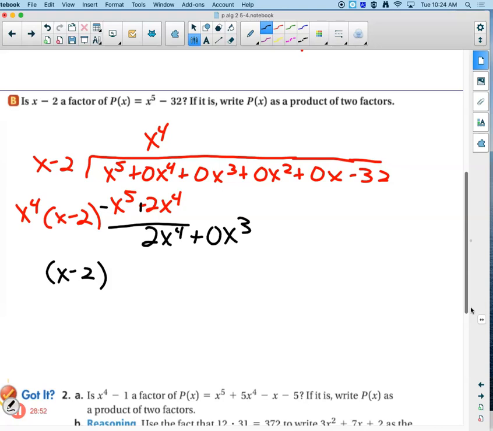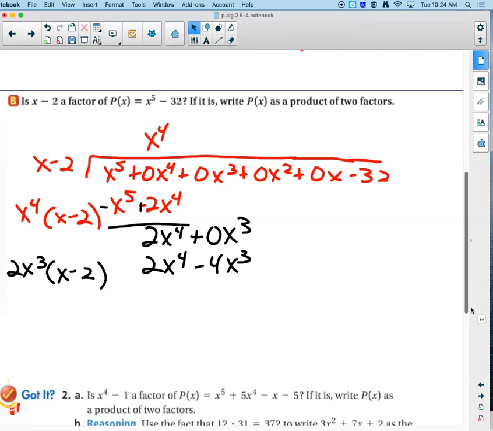So now what are we going to have to multiply by? 2x to the 3rd it is. So we'll get 2x to the 4th. But we will also get minus 4x to the 3rd. Change the signs and add.